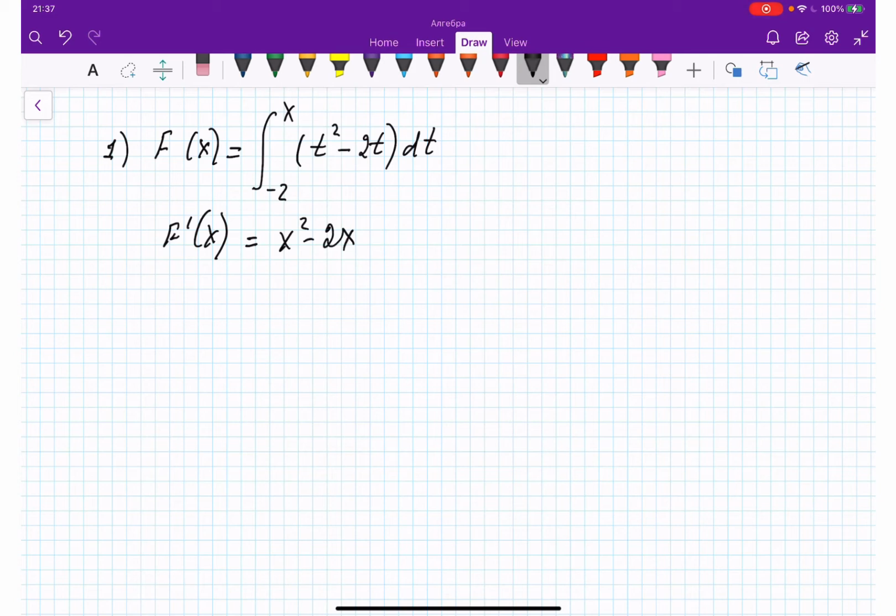So we're practically taking this expression f of t and replacing this t with x. Why is it happening? You can look at the previous video where I explained the second fundamental theorem of calculus to find the derivative. Okay, question number 2.